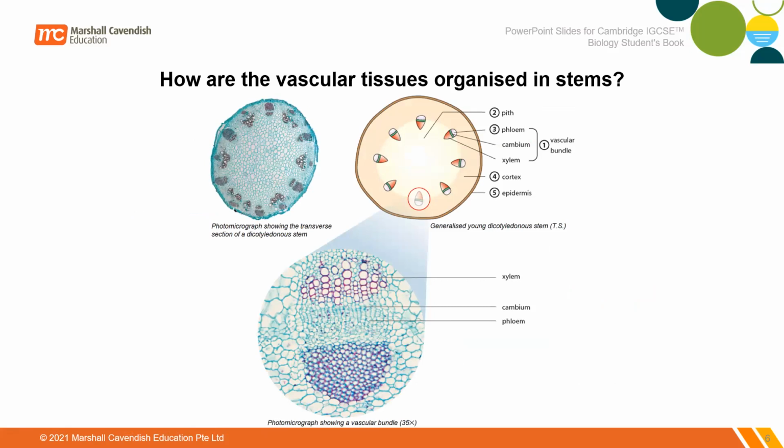In the stem, xylem is arranged in vascular bundles like this, arranged in a circle. Xylem looks inward, but phloem looks outward or is located outward. This is in the stem and also in the root.